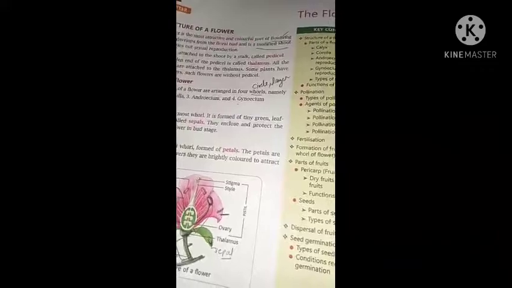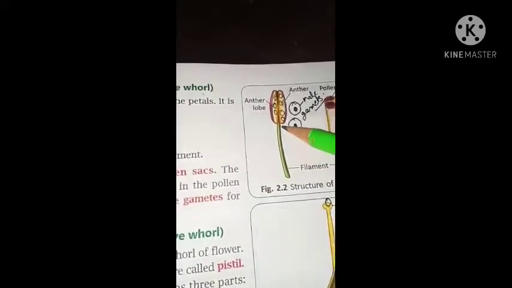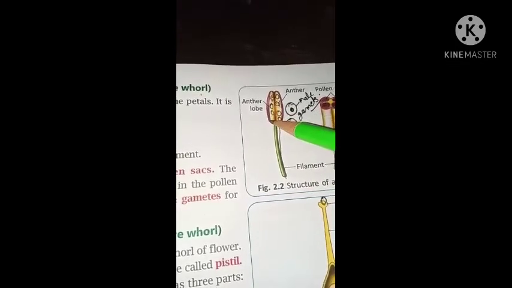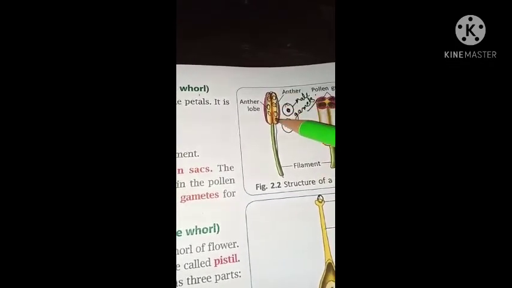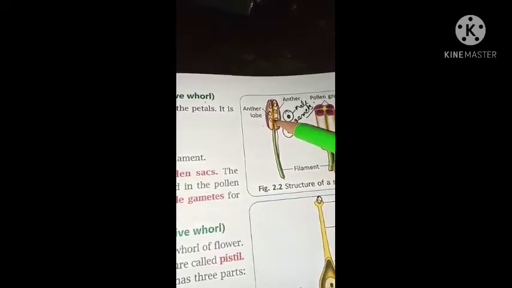The male reproductive part is made up of mainly 2 things: the long thread-like structure which is called the filament, and the upper side part which is called the anther lobe. Inside the anther, yellow colored pollen grains are formed.